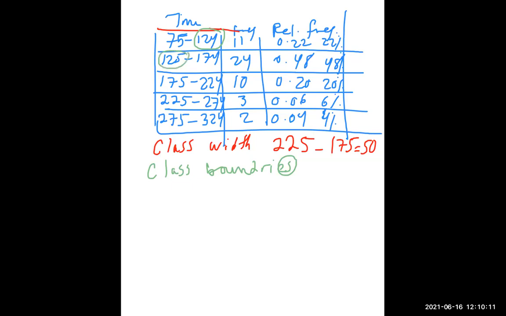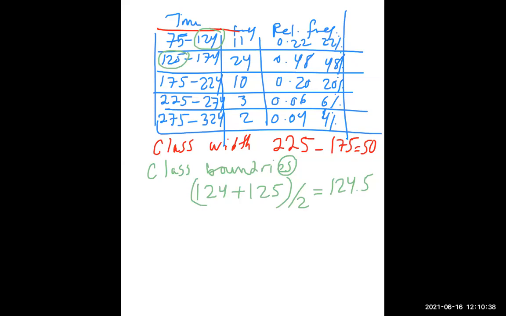You add them, and you divide it by 2. So that's 124.5. Do you see that? That's the first class boundary. The next class boundary, same thing.